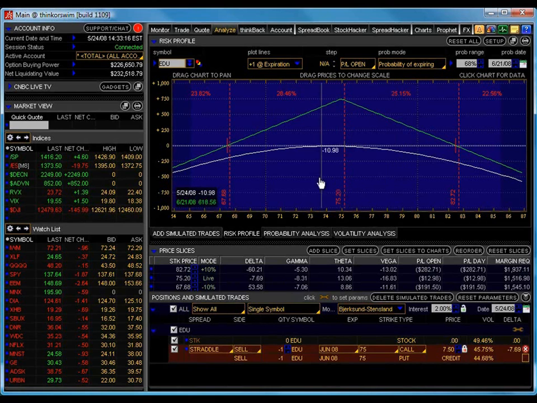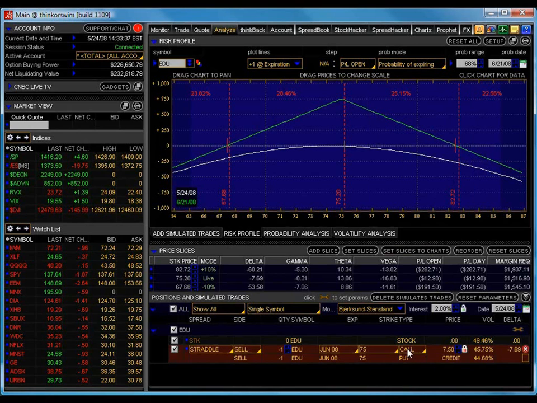It also has a fairly wide break-even. In other words, the stock could move from approximately $67 on the downside before we hit our break-even point, or it could go to $82 on the upside as our break-even point.